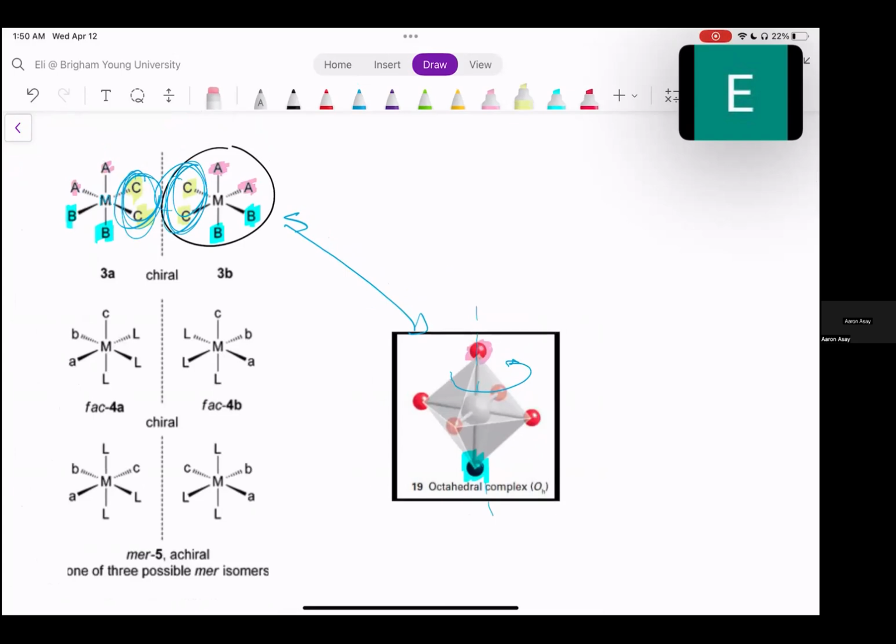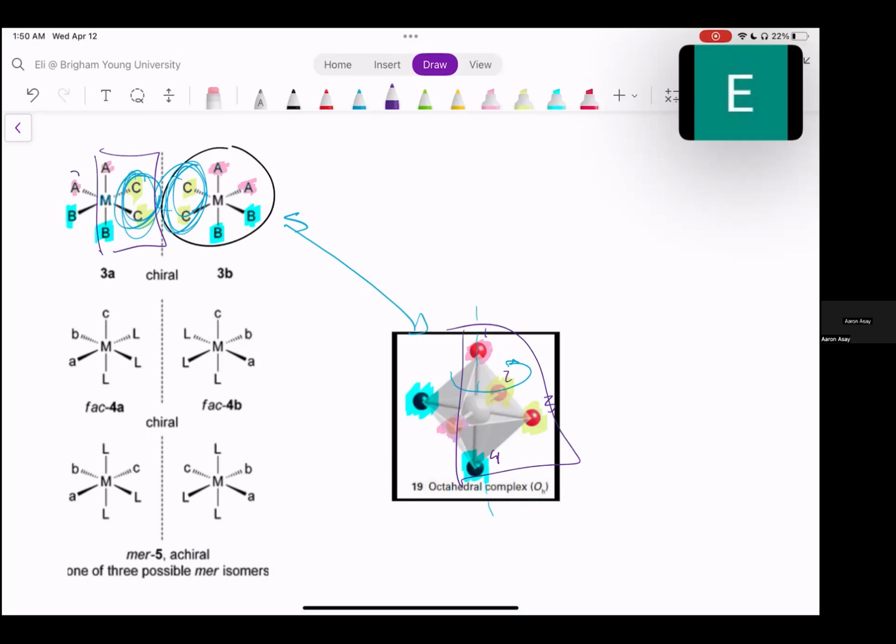So we end up lining up our C's, or our green ones over there. Then our pink one is going to move 2 spots. And our blue one is going to move 2 spots. Now you can see that even though we have 4 of the 6 things lined up, 1, 2, 3, 4, 4 of them are lined up with the mirror image.